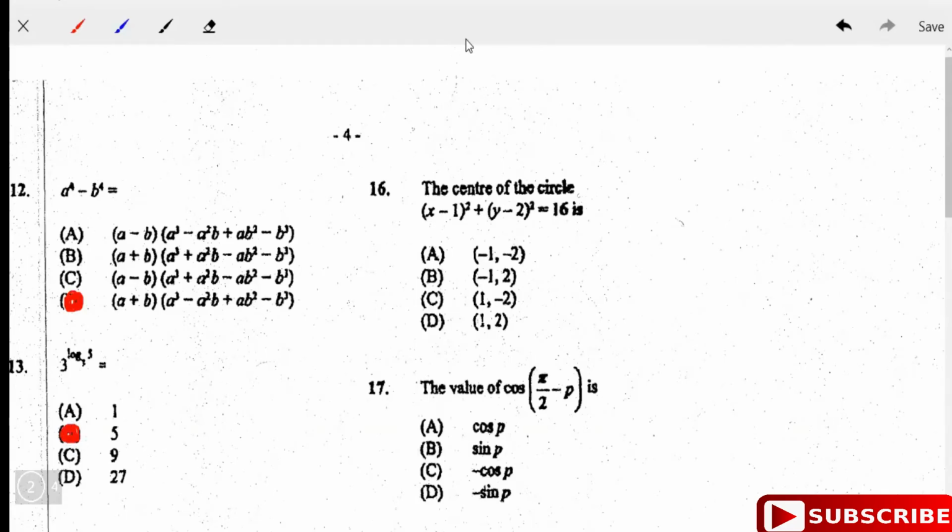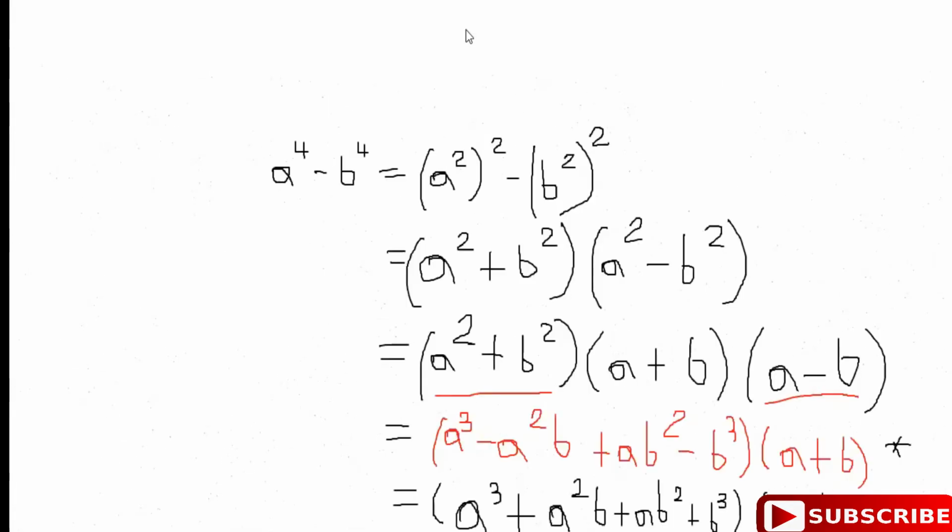So just to refresh our memory, we have 3 to the log base 3 of 5. We can use the change of base law to change it to base 10, which is log 5 over log 3, where the base is 10.